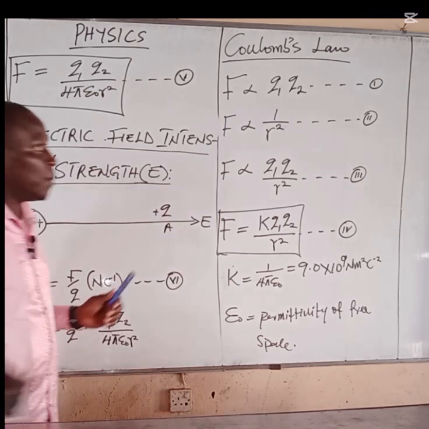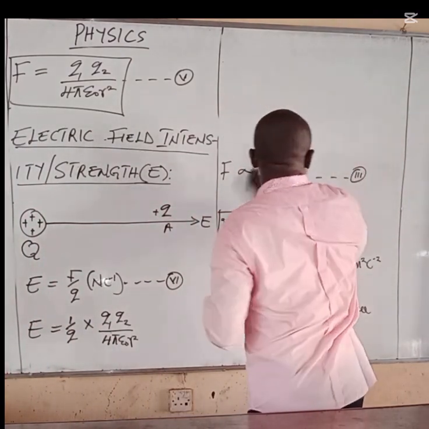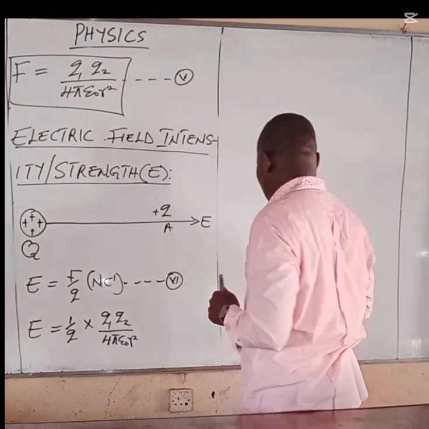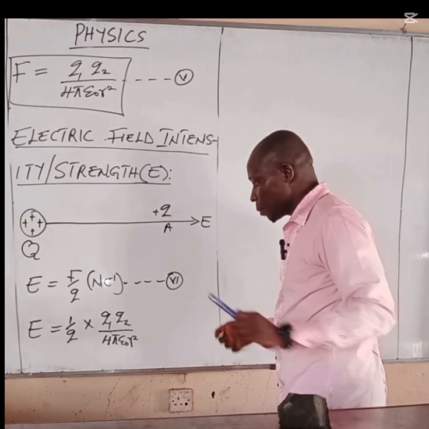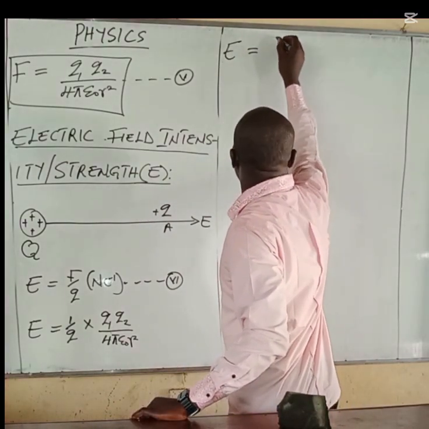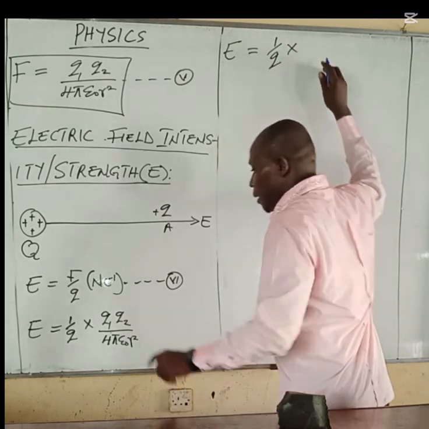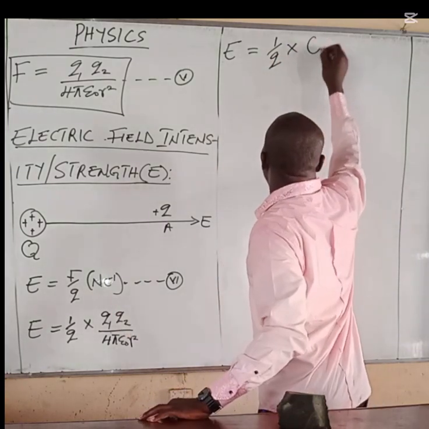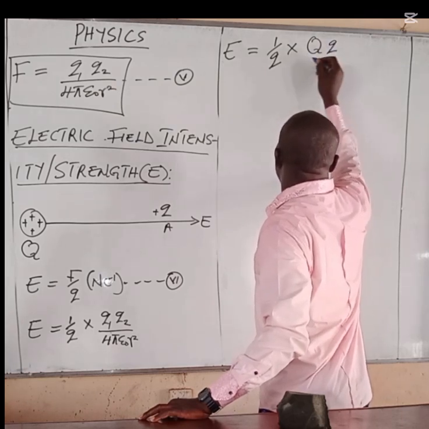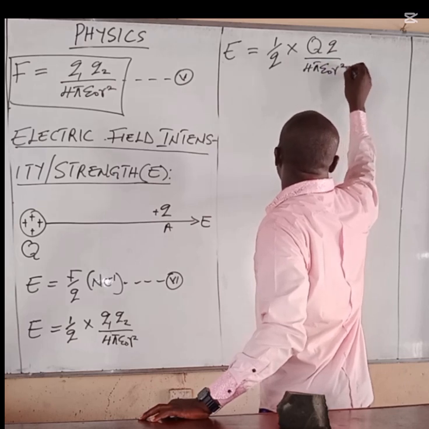Okay? Now, permit me, there's something I'm going to do here. I'm going to transform this equation to this, so that E is equal to 1 over Q multiplied by, instead of having small letter q, I'll have big letter Q over Q Q over 4 pi epsilon naught R squared.